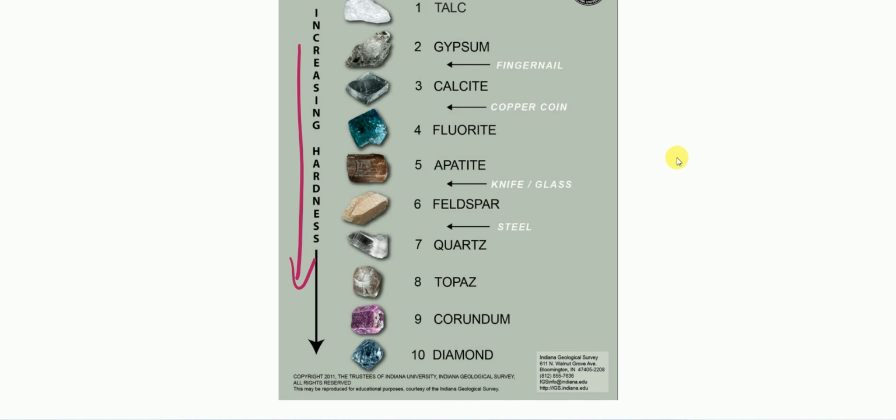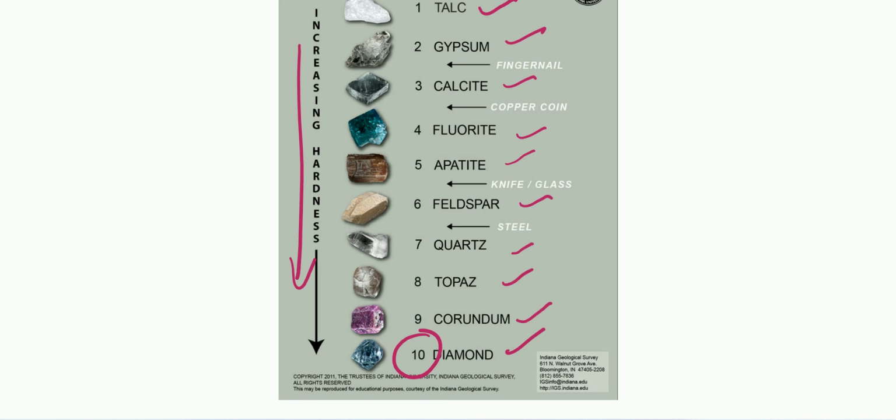At the top we have the softest one, that is talc. Then comes gypsum, then calcite, fluorite, apatite, feldspar, quartz, topaz, corundum, and diamond. It ranges between 1 and 10.